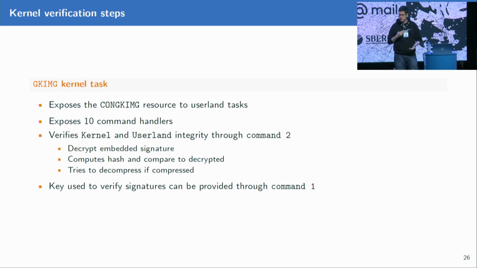It will first decrypt the embedded signature, compute a hash and compare it to the decrypted signature, and finally try to decompress the image to be sure the compression is okay. And we also found that there's a specific handler to change the key used to verify the signature. It will be important later.